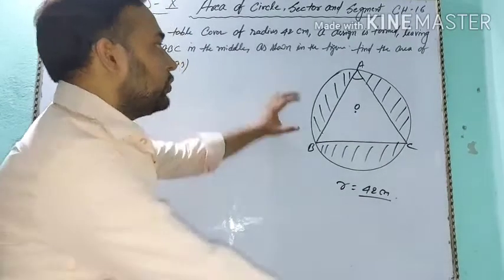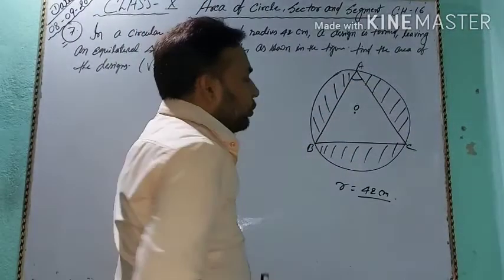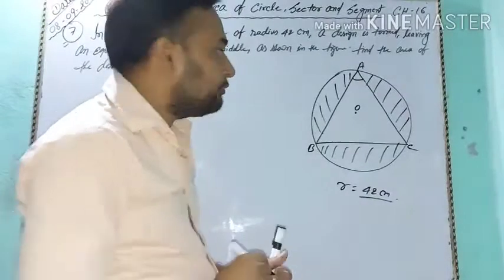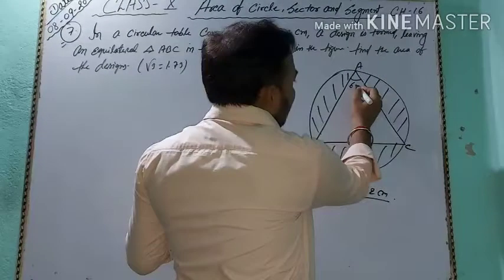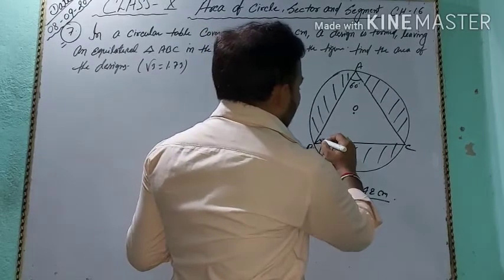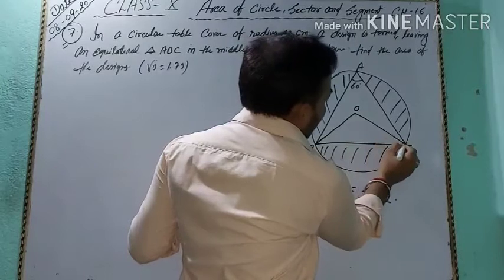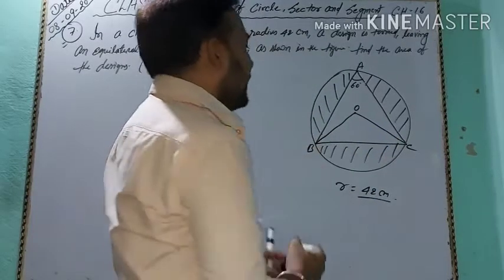So students, ABC is an equilateral triangle, so each angle is 60 degree. So this angle equal to 60 degree. So students, join BO and OC. Join OC and OB.